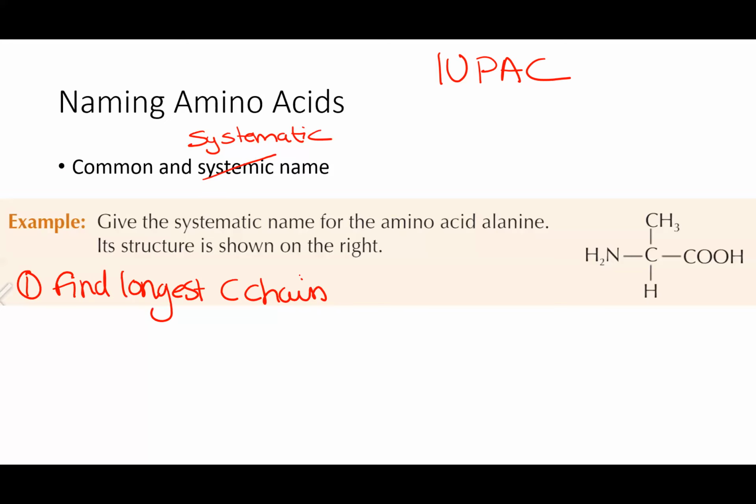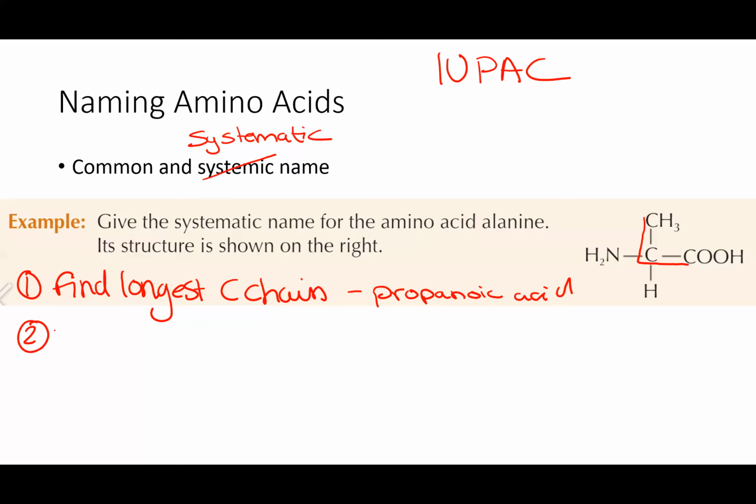Our longest chain here has 1, 2, 3 carbons. For alanine, the longest carbon chain containing the carboxylic acid group is 3 carbons long, so its name is based on propanoic acid.